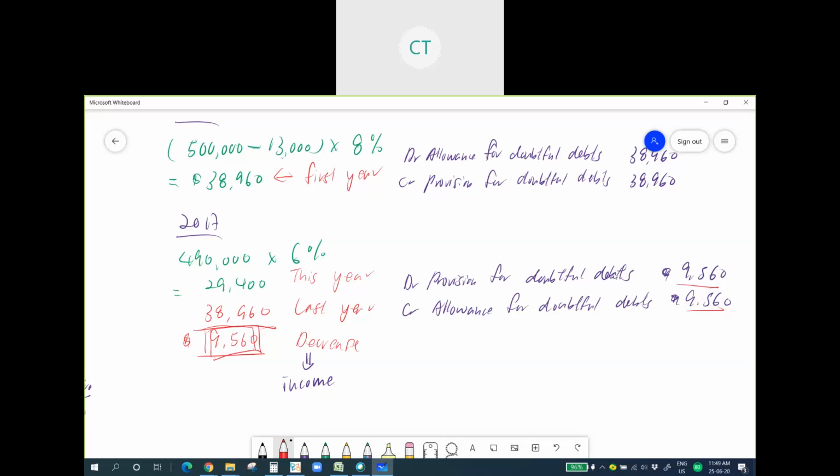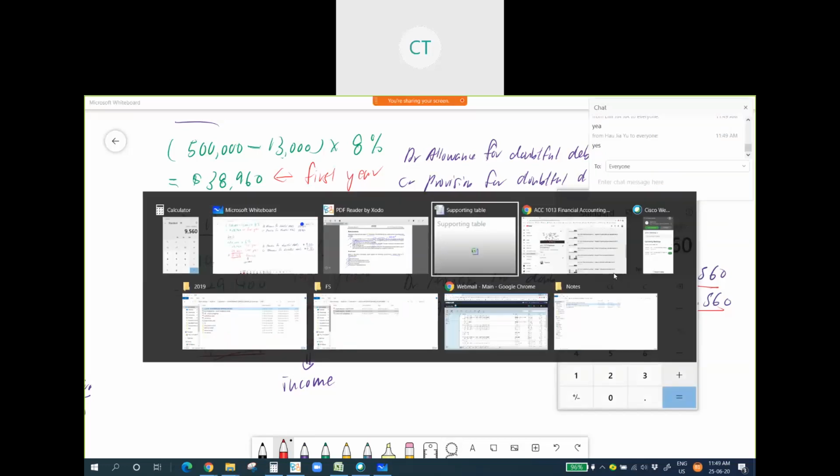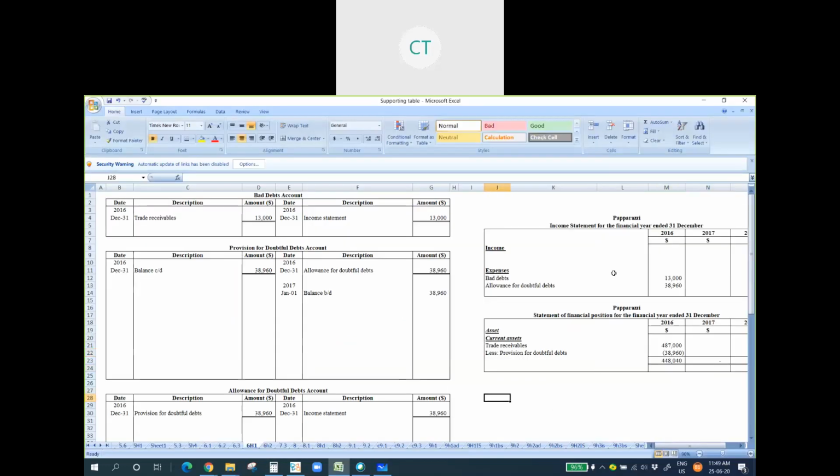We go to the ledger of the company. First, we debit the provision for doubtful debts, the last one. So this is allowance for doubtful debts, 9560.